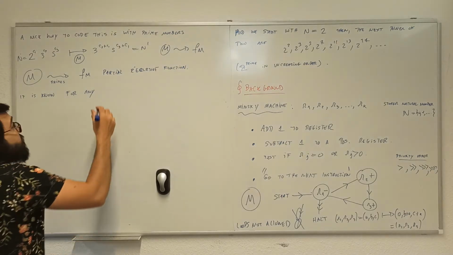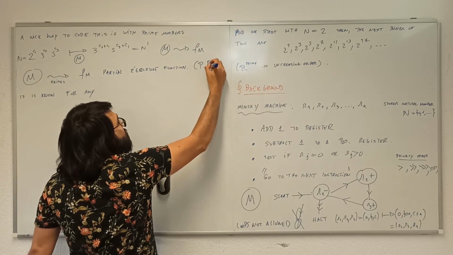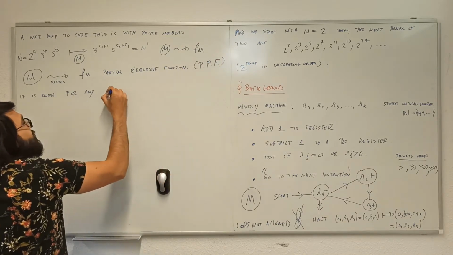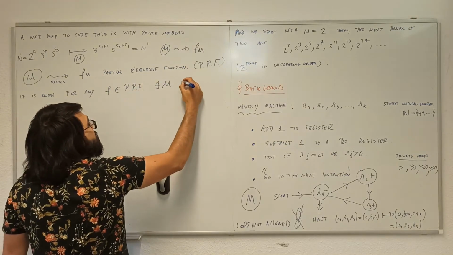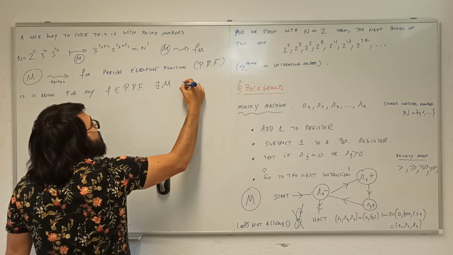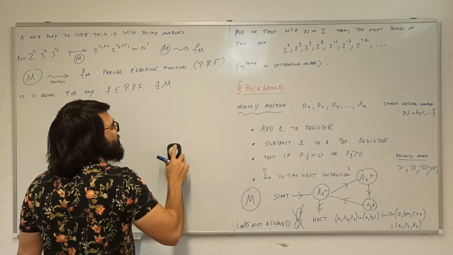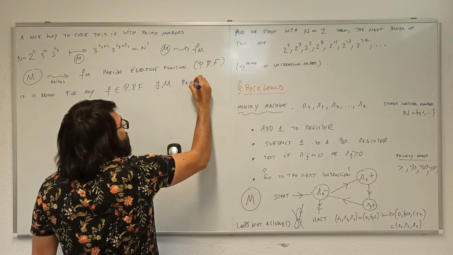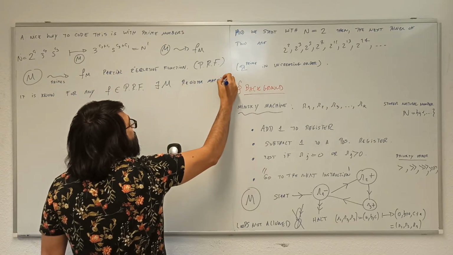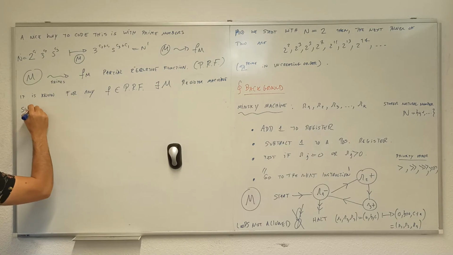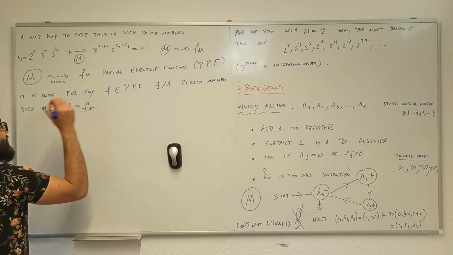And it's also known that for any partial recursive function f, there is a Minsky register machine that simulates it, such that f is f_M.